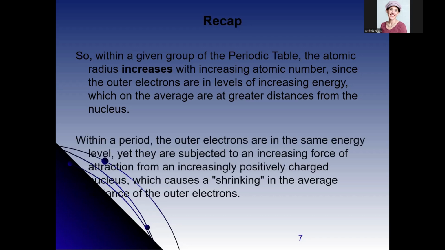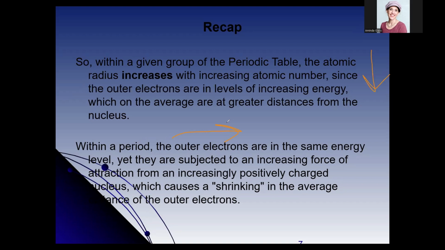Now within the period, so across the periodic table, the outer electrons are in the same energy level, but they're going to have an increasing force of attraction from an increasingly positive charged nucleus, and that causes, quote, shrinking in the average radius of the outer electrons, the average distance of the outer electrons.